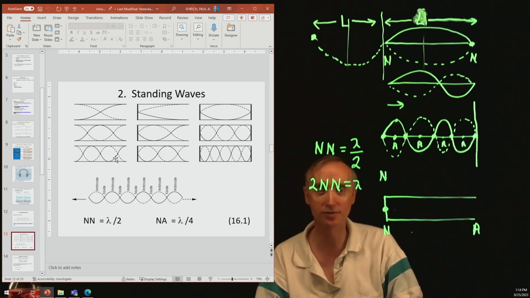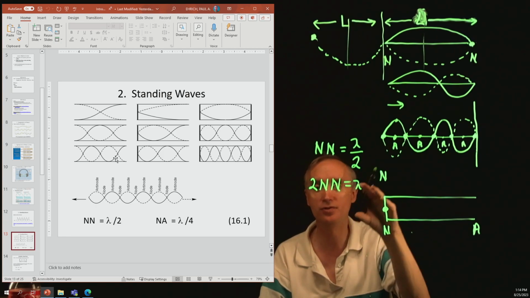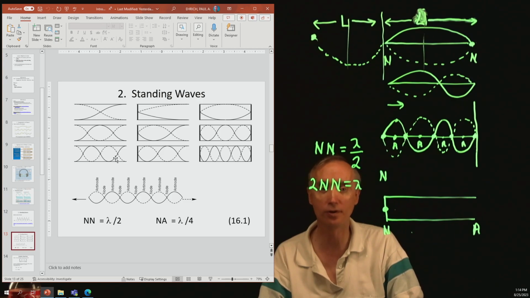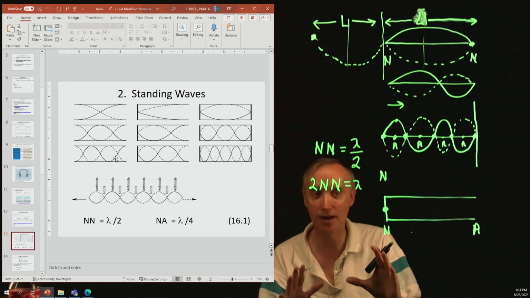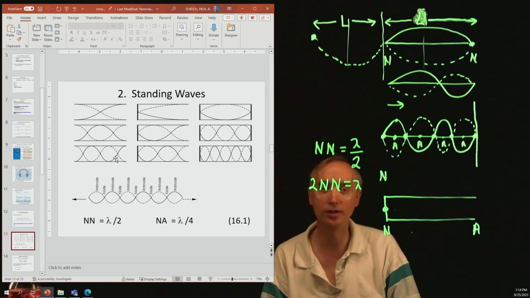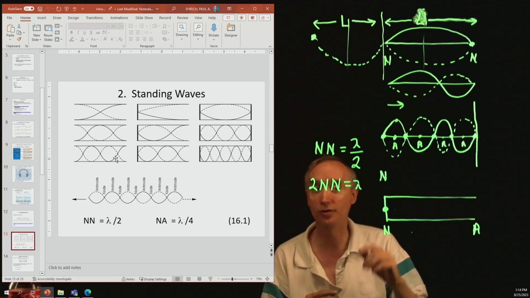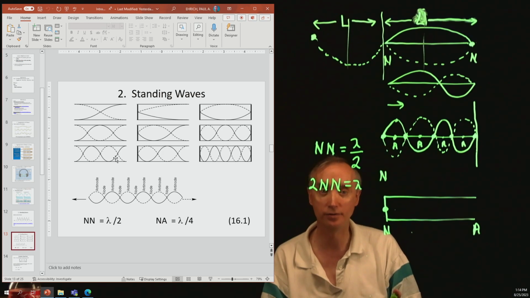Trust me, it works. So the distance from a node to an antinode is 1/4 of a wavelength. Who cares? All right, now that we've got that, how could we use this in order to predict the frequency of a noise that's going to be generated?